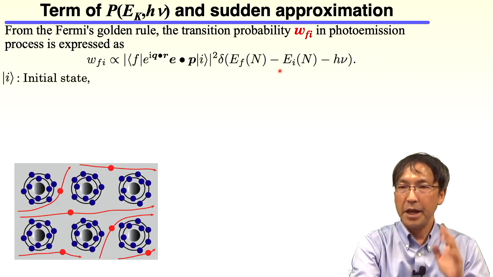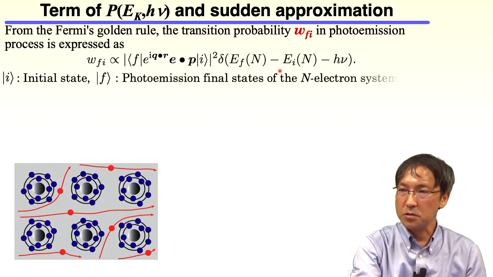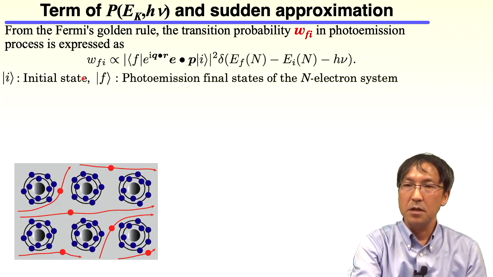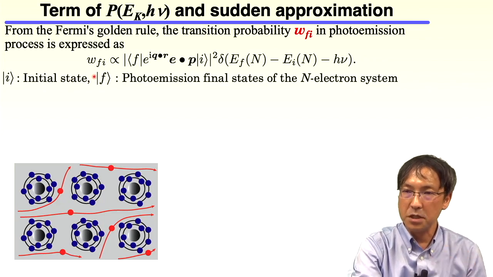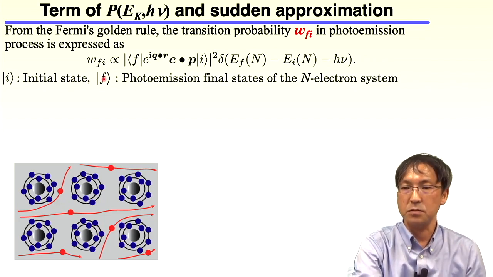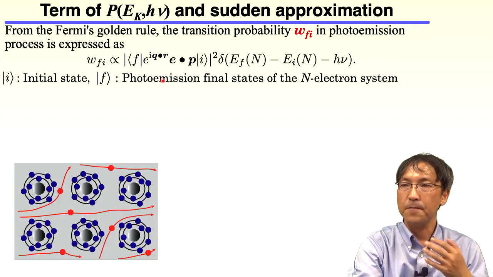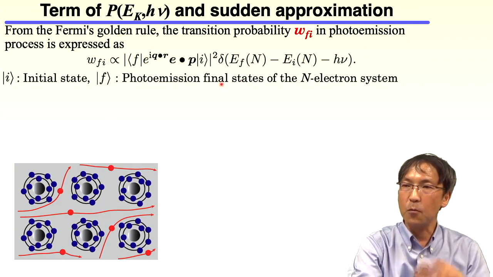Here, N represents the number of electrons of the system. The state I stands for the state of the large N electron system before excitation, and F stands for the photoemission final state of the N electron system, including one excited photoelectron.